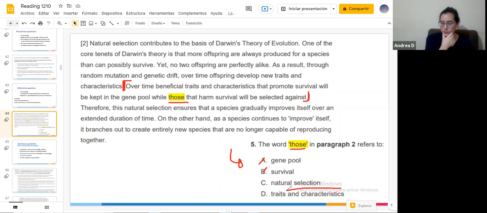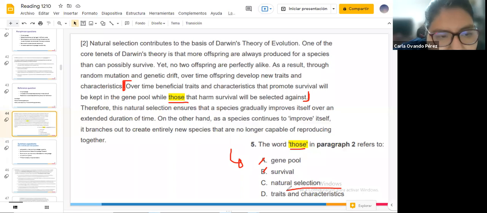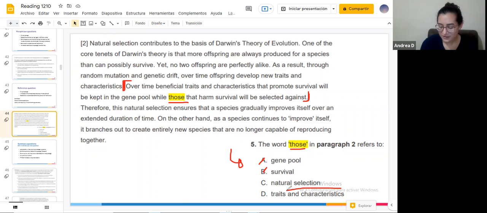Okay, yeah, that's true. So yes, speaking grammatically, it makes much more sense to have traits and characteristics. Okay, so yes, you could think like that. Now, the thing, sorry? Sorry, teacher. Go on.